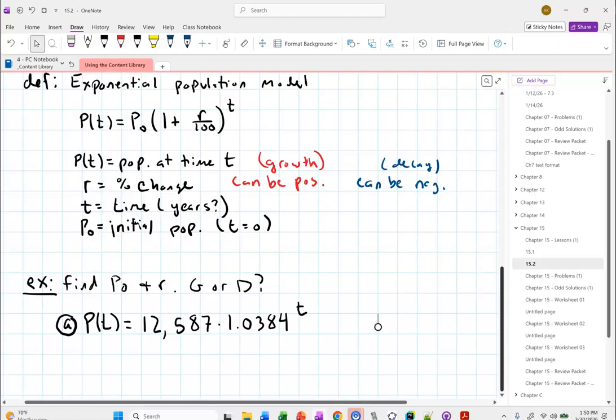So our first model is 12,587 times 1.0384 to the T.